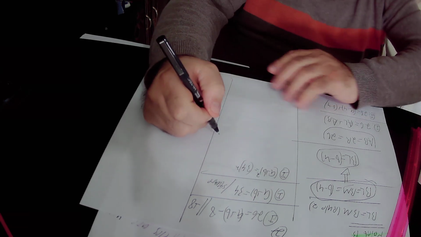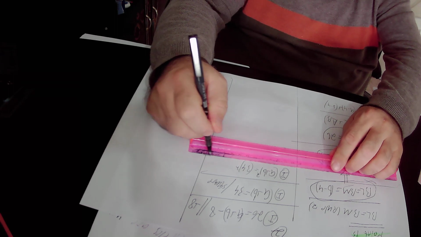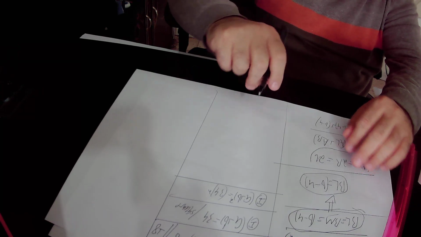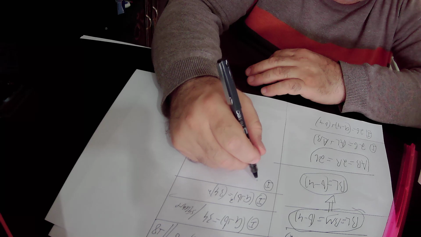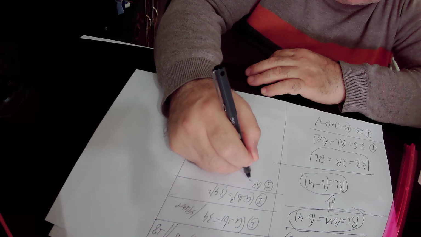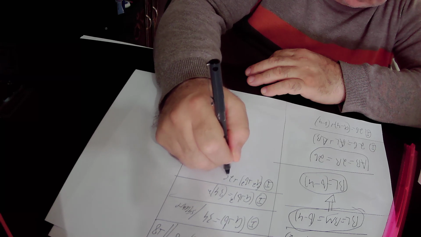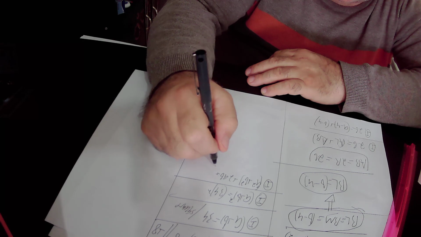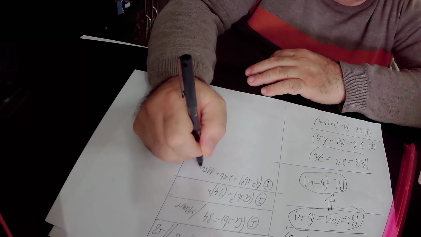Here we'll open the brackets on both sides of this equation, and we'll get that according to equation number 1, A plus B squared equals A squared plus B squared plus 2 times AB, and it is equal to 34 squared, that is 1156.